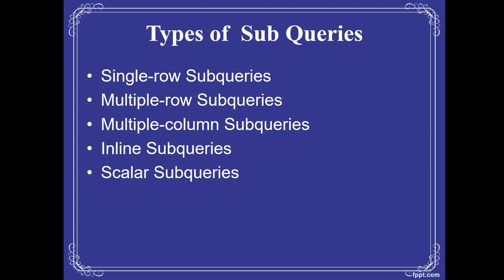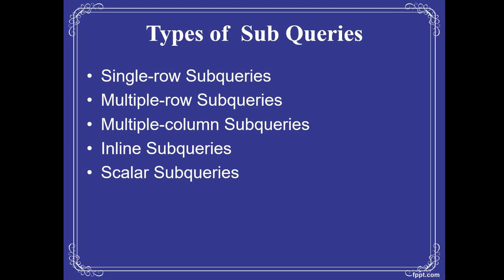One by one we will see them in the environment by writing queries so that you can understand better how each works. First, single row subqueries. A single row subquery is a subquery that gives only one value.